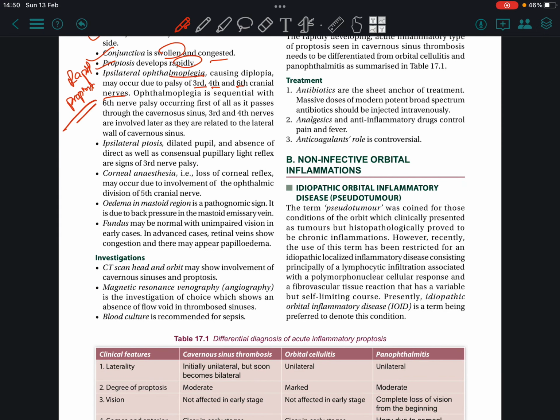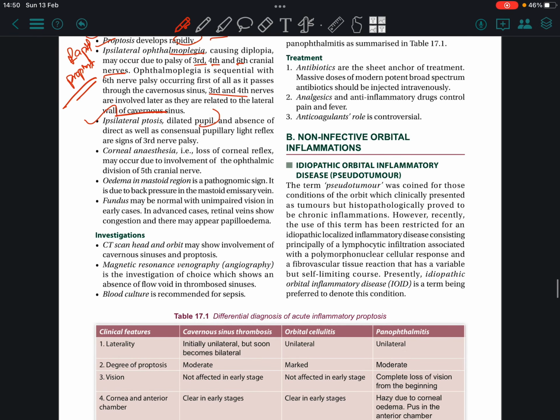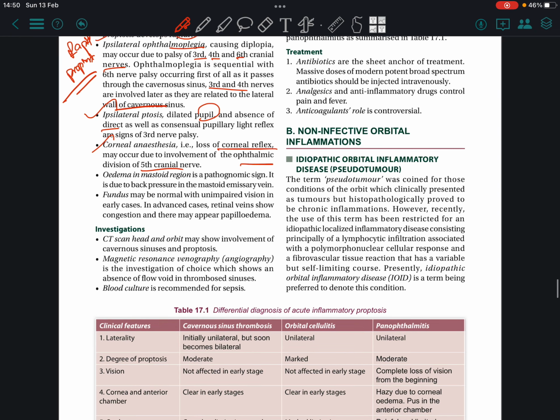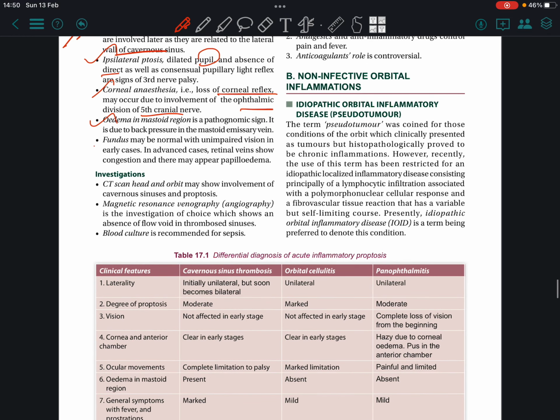Ophthalmoplegia is sequential with 6th nerve palsy occurring first as it passes through the cavernous sinus. 3rd and 4th nerves are involved later as they are related to the lateral wall of the cavernous sinus. Ipsilateral ptosis, dilated pupil, absence of direct as well as consensual pupillary light reflex. Corneal anesthesia, that is loss of corneal reflex, may occur due to involvement of the ophthalmic division of the 5th cranial nerve. Edema in mastoid region. Fundus may be normal with unimpaired vision in early cases.